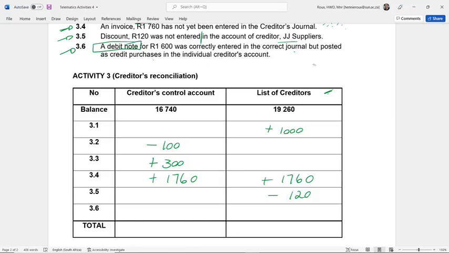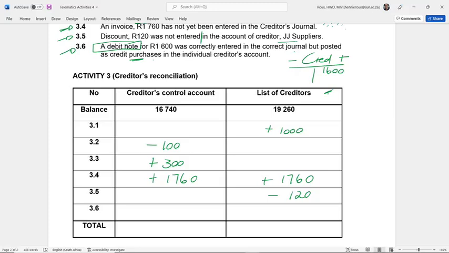So that creditor, because it's a liability, which increases on the credit side and decreases on the debit side, we were supposed to decrease that with 1,600. But it was posted as credit purchases. So we increased that creditor's account with 1,600.